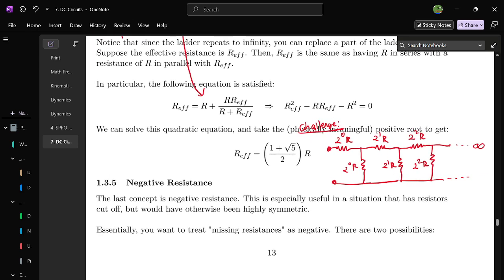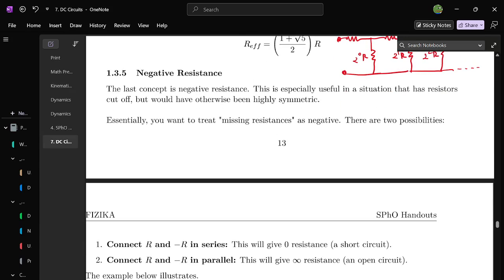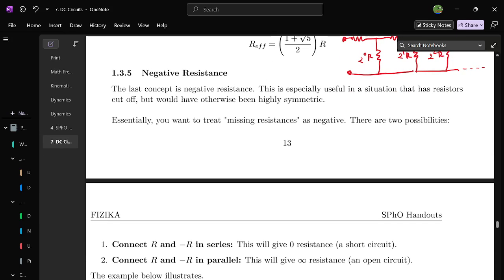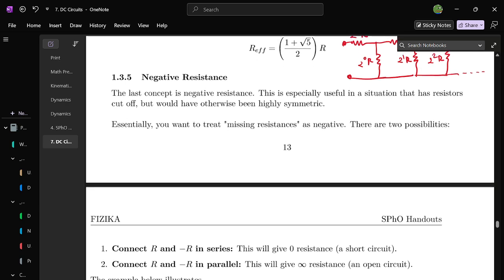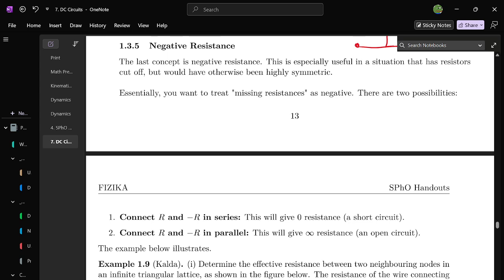Okay, the last idea that we need is negative resistance. So in gravitation, you see negative mass. So negative resistance is actually quite similar. Of course, negative resistance doesn't exist, but it's just something that we introduce to help ourselves when symmetry is broken and we want to restore it and then superpose. So the two cases you need to spot are connecting R and minus R in series.